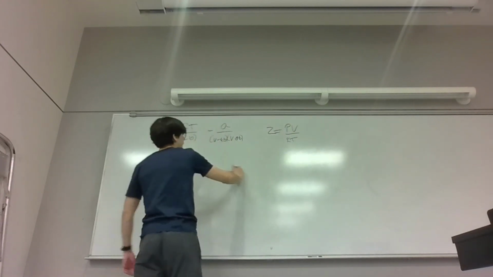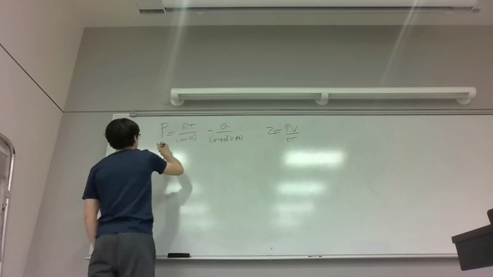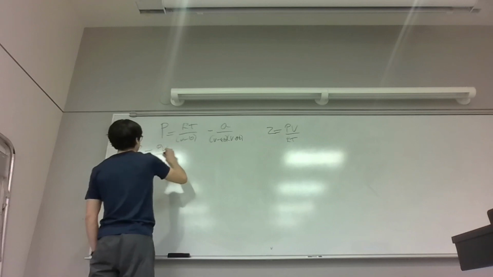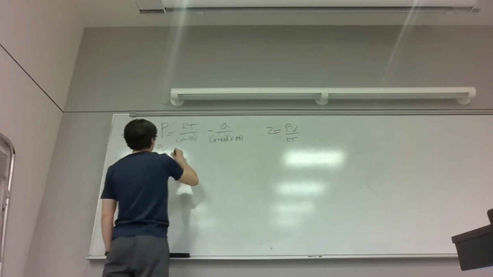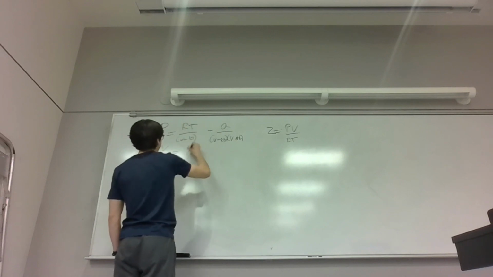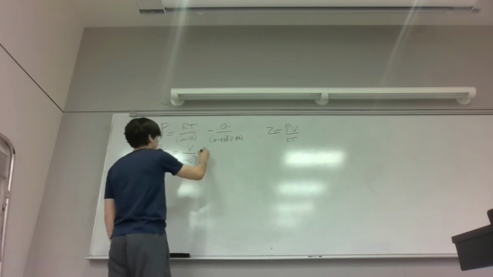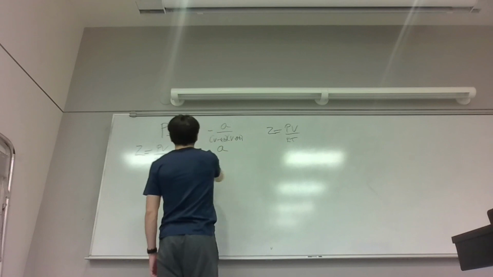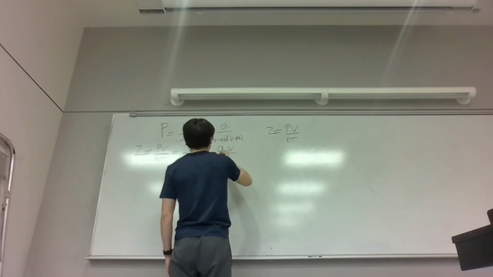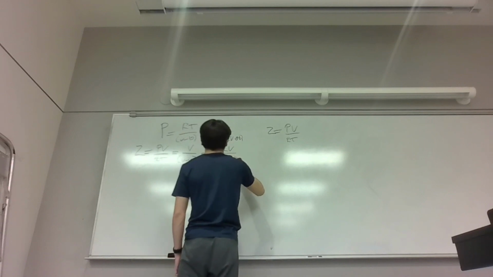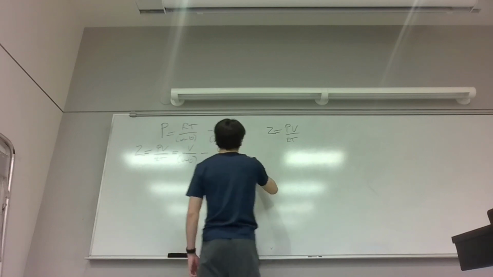So we're going to multiply everything by V over RT. So Z equals PV over RT, which equals, the RT will cancel out here, and we're left with V over V minus b. And then on this side we have aV over RT times (V minus epsilon b) times (V minus omega b).